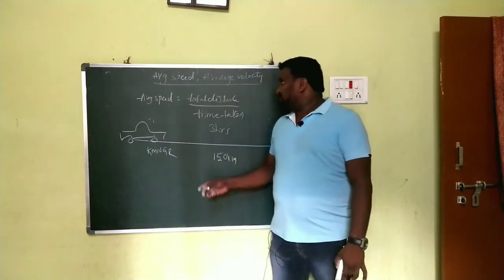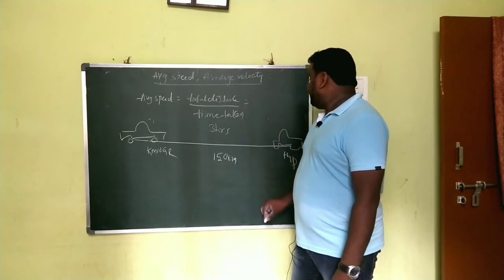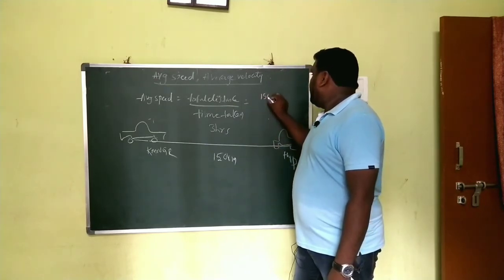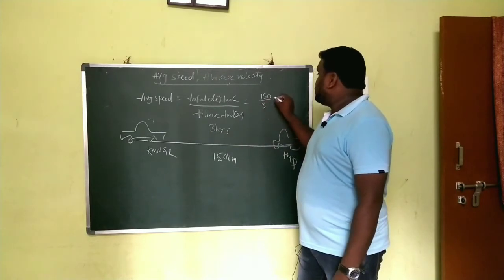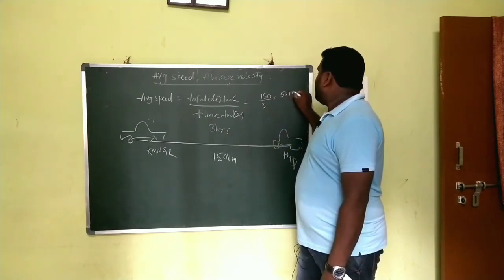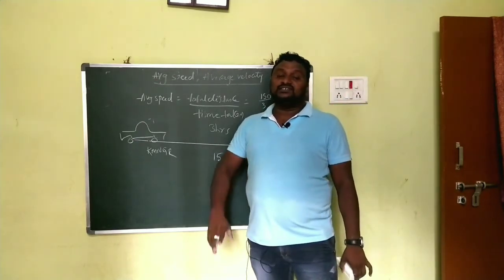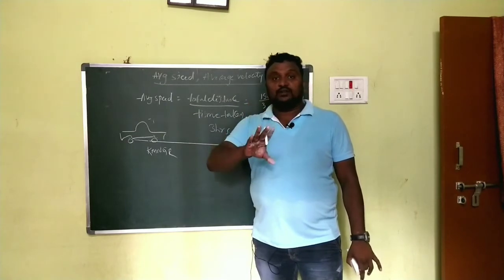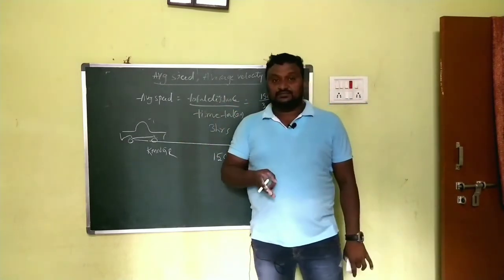Average speed means what? Total distance by time taken. Here the total distance is 150 kilometers, and the time is 3 hours. So 150 by 3 means 50 kilometers per hour. That means the car must travel 50 kilometers in 1 hour, then only it will reach Hyderabad within 3 hours.